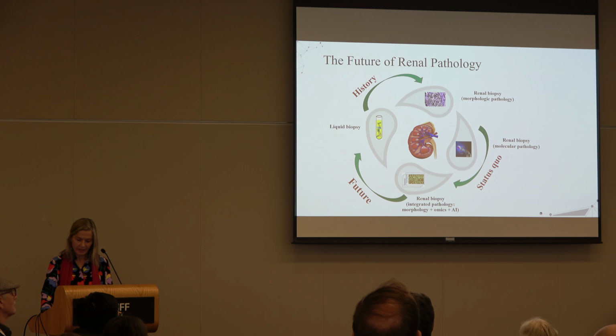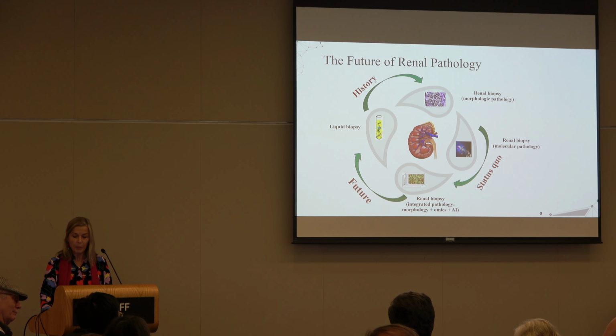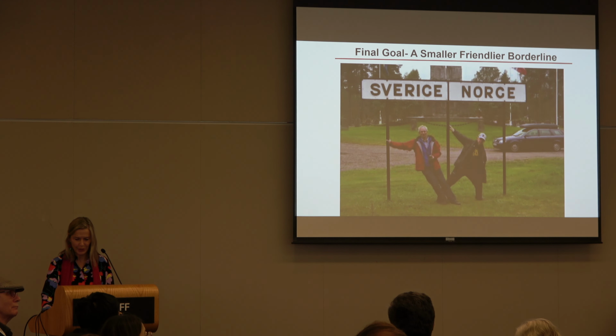Molecular pathology, that's where we are right now. And then integrated pathology with omics, AI, liquid biopsy, the history, feeding into each other so we can provide the best and most granular information for our whole team to be involved with the treatment of our patients and the outcome. So I thank you very much for your attention. I look forward to Brian giving additional perspective on this conundrum. Thank you.